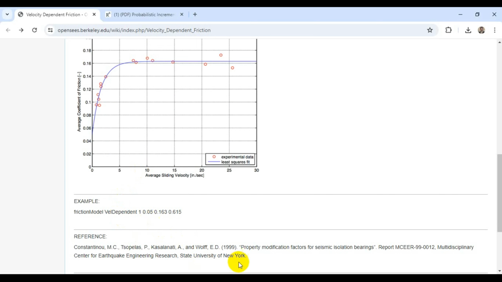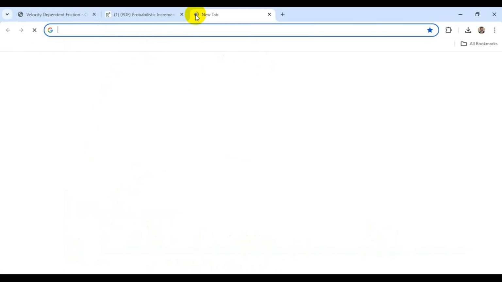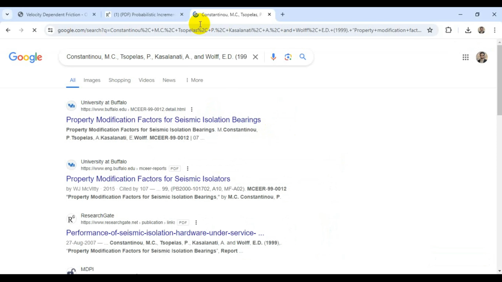The reference given here is properties modification factor for seismic isolating bearings. So let's copy it and paste it here and look into the behavior, to see why it is discussing this model.